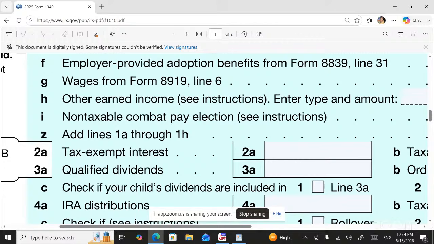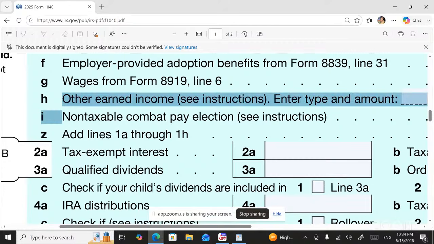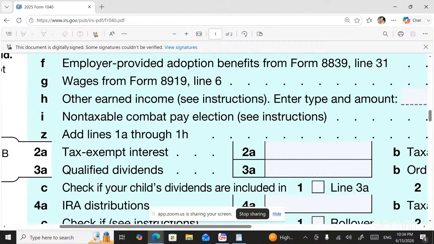This is purely the choice of the employee, given by the department. So, non-taxable combat pay, at his choice, he can include or need not include. This will be covered clearly in a subsequent chapter. Now, Z is nothing but the total of all the items above.